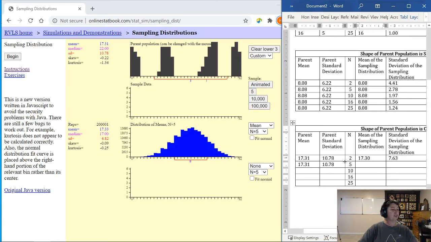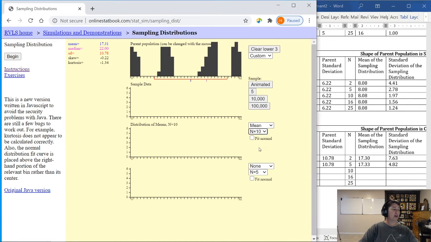So the mean of the distribution is 17.33, and the standard deviation is 4.82. Raise that sample size to 10, and we do the same thing where we pull out 10 of those data values, and then we find the sample mean of that sample.